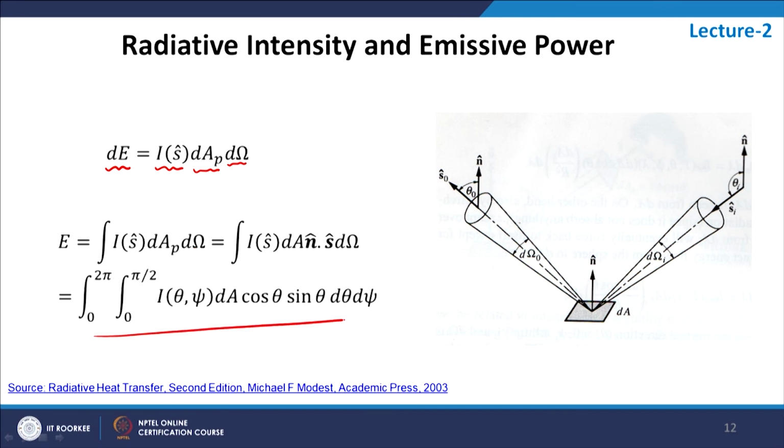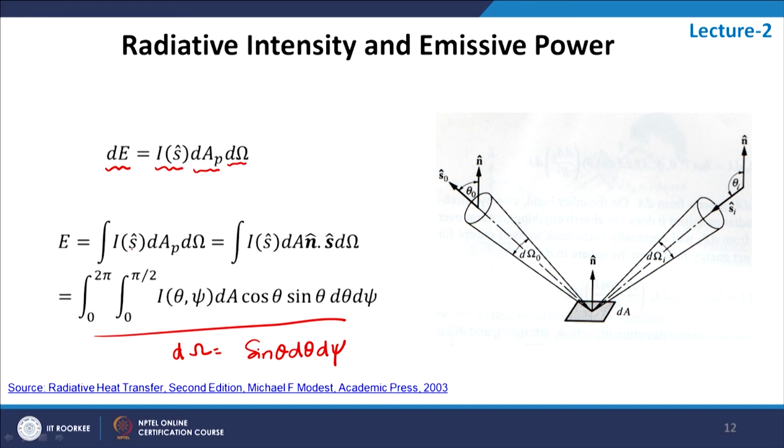We have written d omega in terms of theta and psi. So, d omega we can write as sin theta d theta d psi, that is what we have done. Intensity depends on polar angle and azimuthal angle.